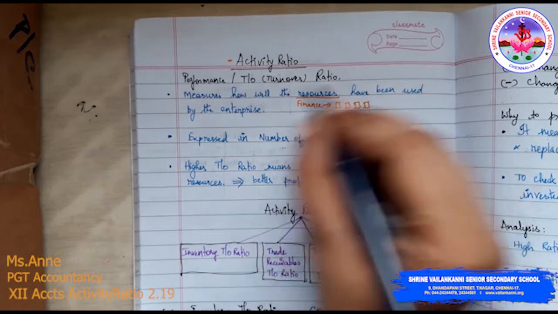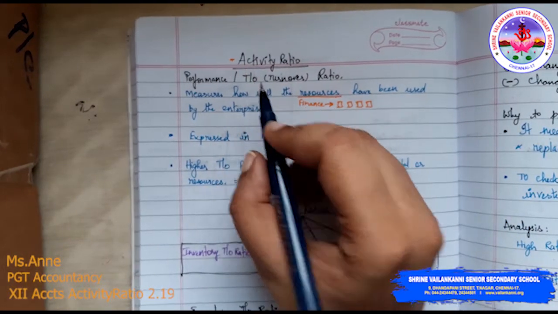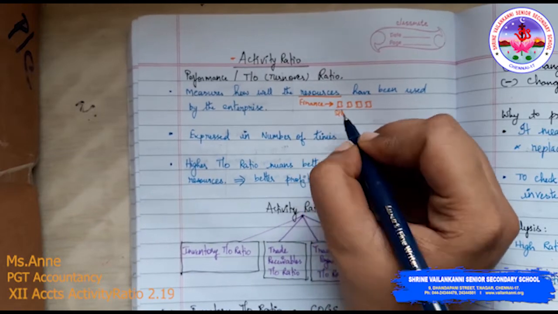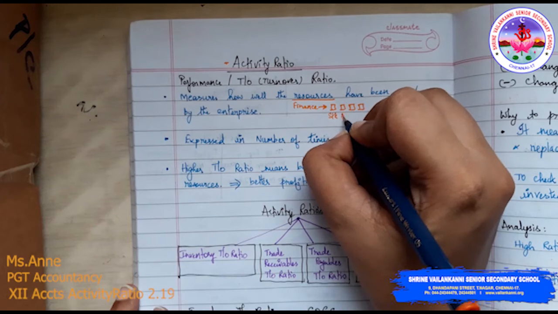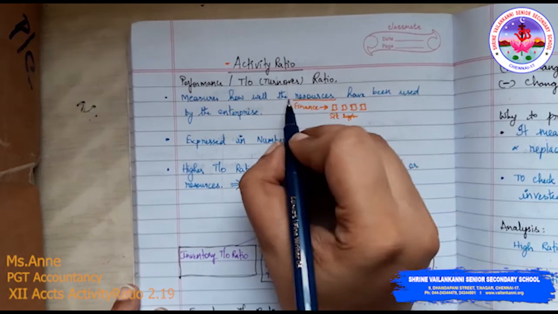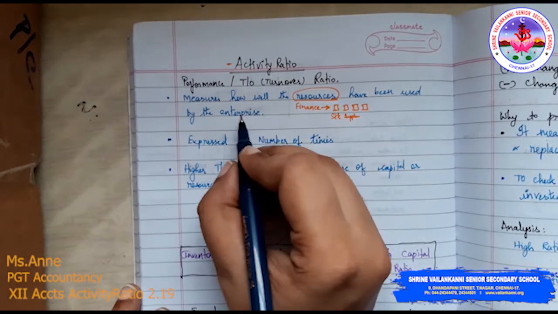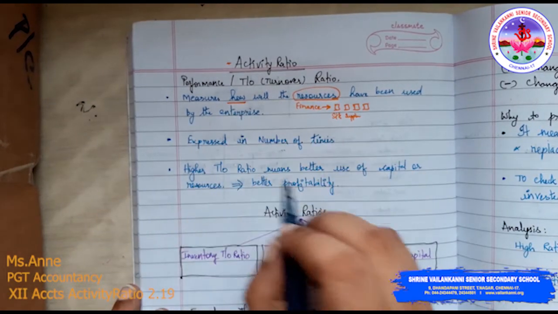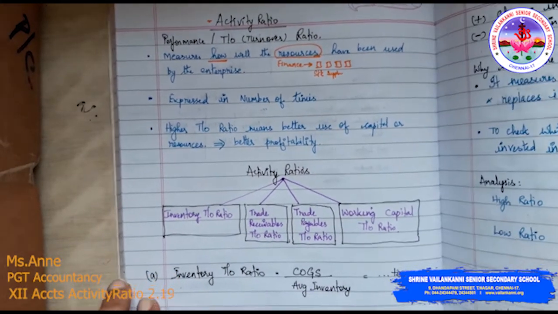We do not know how many types of goods it can be. Since it is related to the activity, maybe we will take it as stock. We can take it as payment to suppliers. So resources of the organization have been used by the enterprise. How it is used, it addresses that answer. It is expressed in number of times.